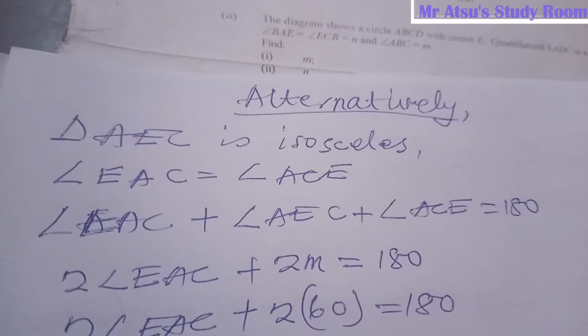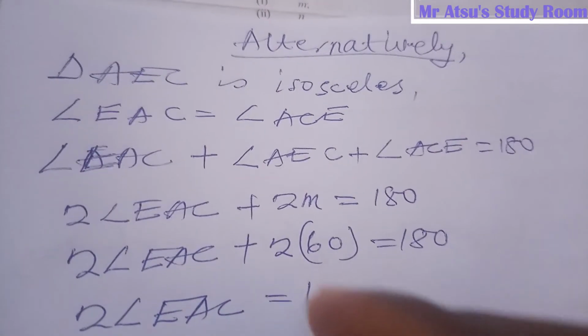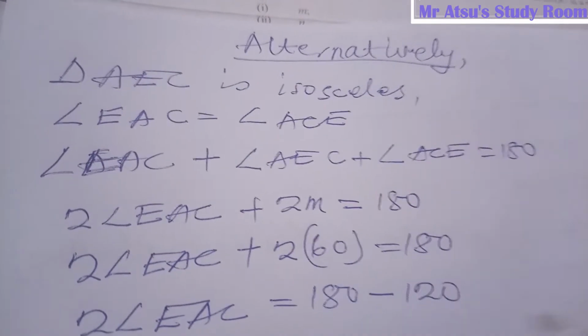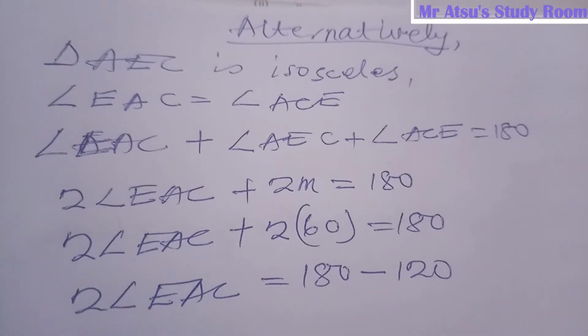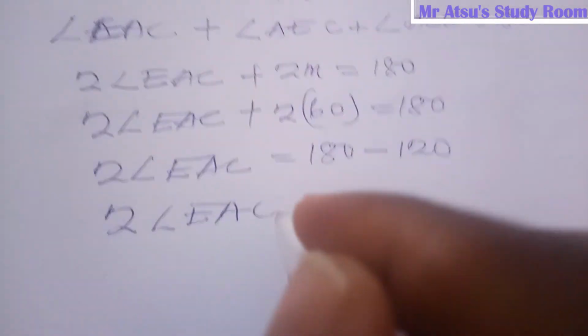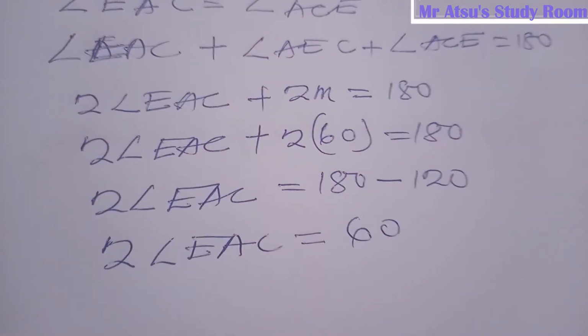So twice angle EAC will be equal to 180 degrees minus 120 degrees. So twice angle EAC should be equal to 60.